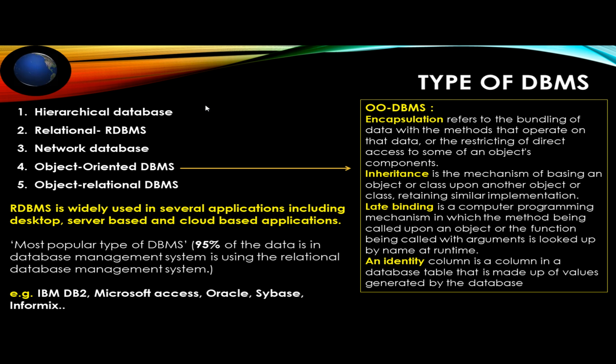Where some basic information matches with another object or class, it is called inheritance. When a function or argument is looked up for a given time period with this computer programming mechanism, it is called late binding. And when the column gives a particular value for the database, it is called the identity of the object oriented database management system.